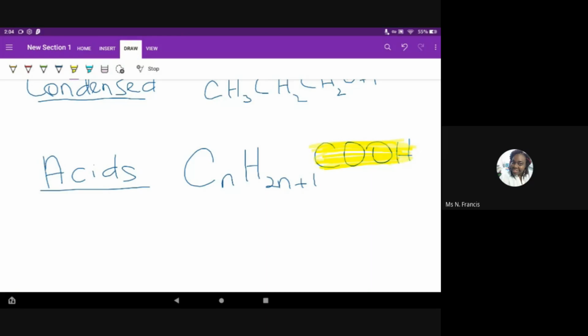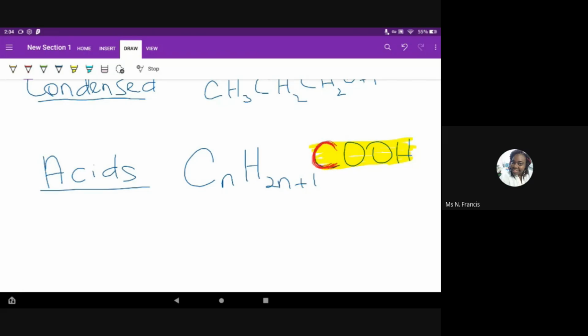Now, the problem with acids is that within the functional group that must be there, a carbon comes along. So whether or not it was going to have a carbon atom, you know it must, right?